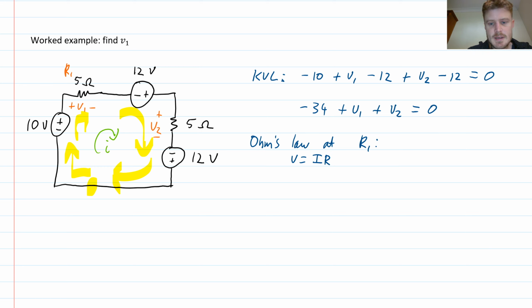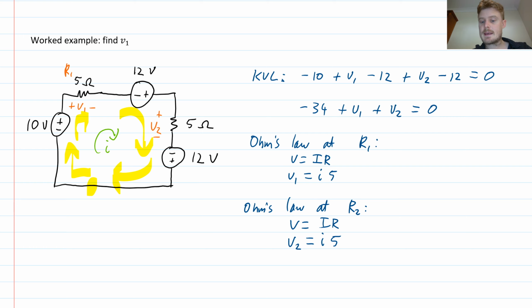The voltage is V1, the current is I, and the resistance is 5. I can also do Ohm's law at R2. So V equals, let's check the sign, current enters the positive side, so IR. The voltage is V2, the current is I, and again the resistance is 5.